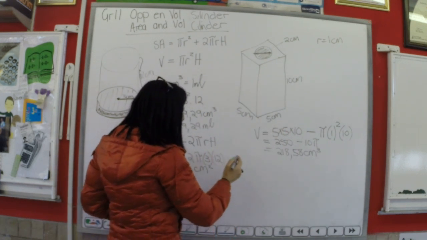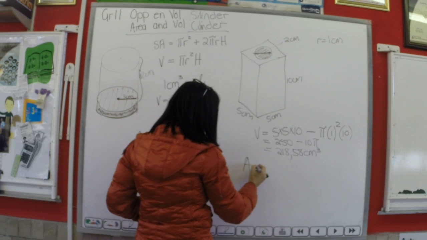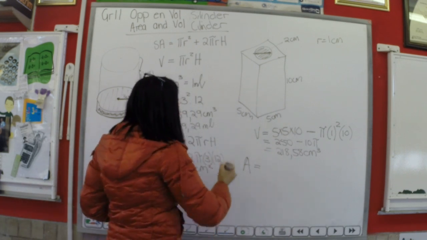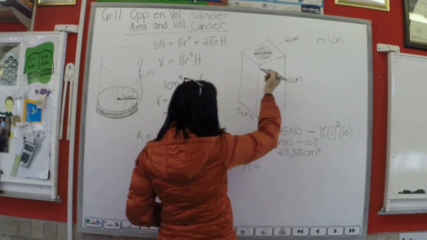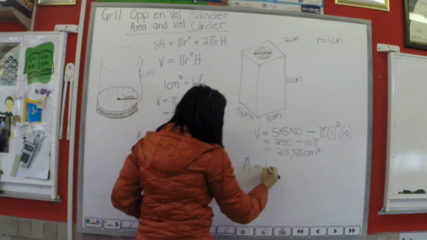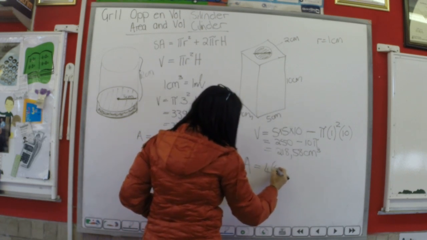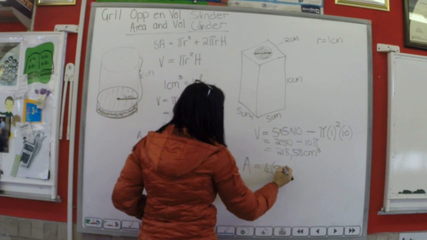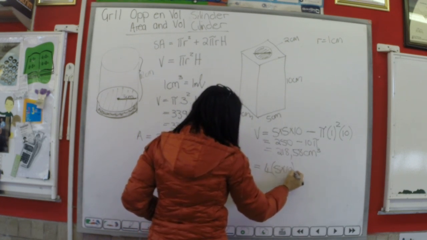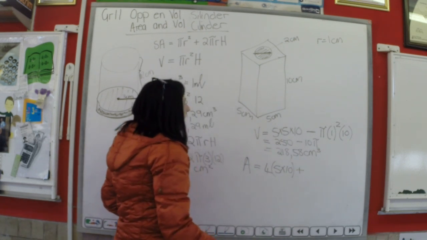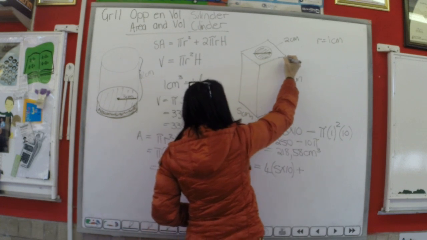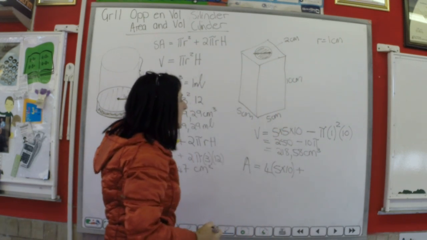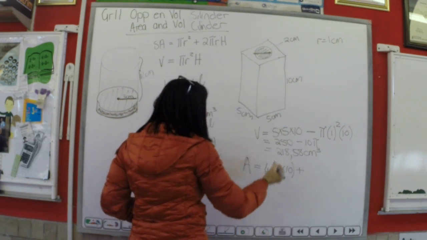So the area I'm going to have, let's follow now very carefully. Surface area. 1, 2, 3, 4 rectangles that's identically the same. So rectangles is length times breadth. So it's 5 times 10, 4 of them, plus I've got the square, okay, the square is 5 times 5.